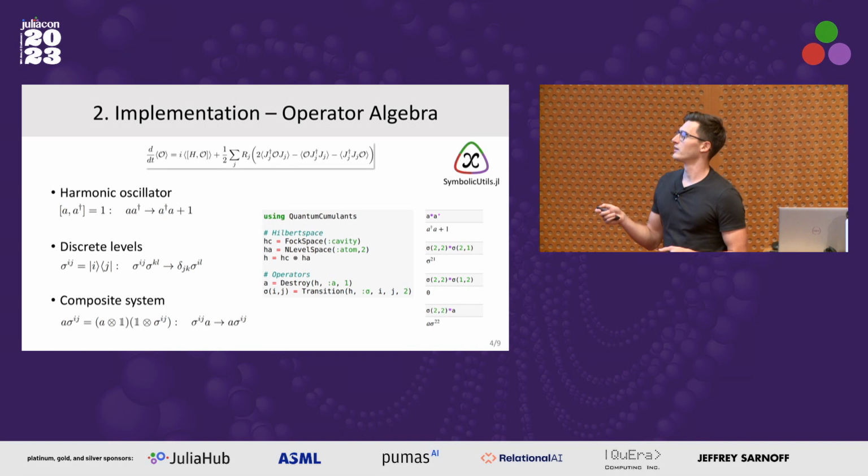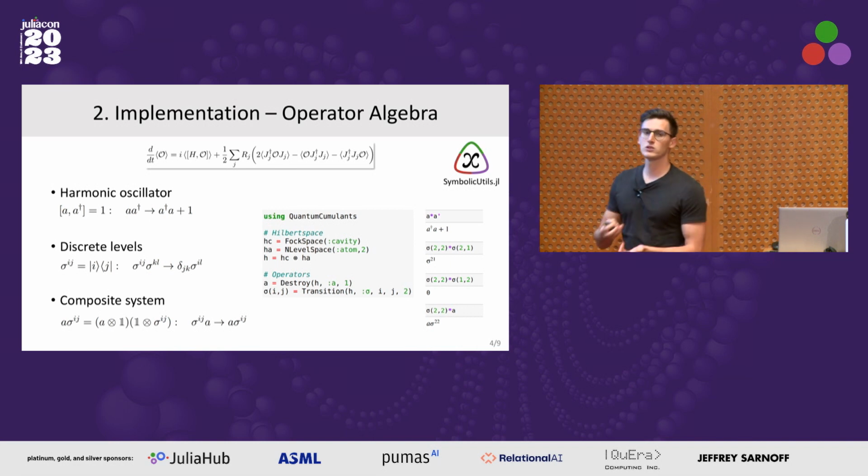We define here the destroy operator with the name A, and it's acting non-trivially on the first Hilbert space. This means on the Fock space. For the transition operator here, we define the transition from J to I with the symbol sigma here, and it's acting non-trivially on the second Hilbert space.